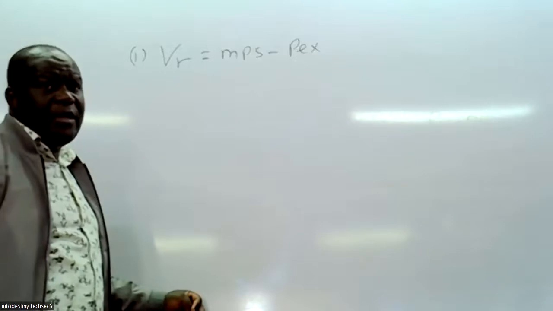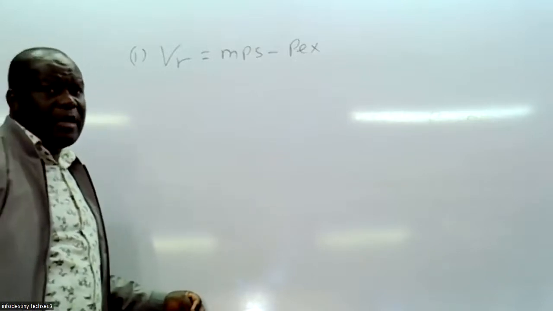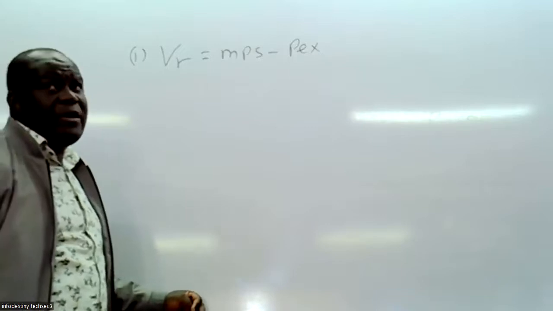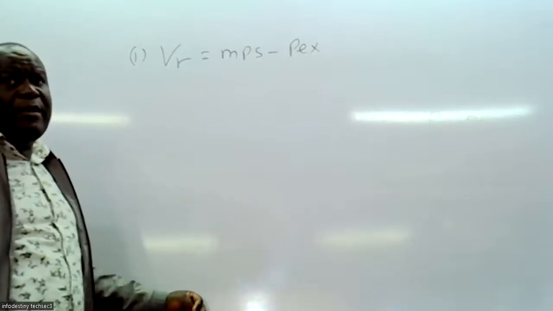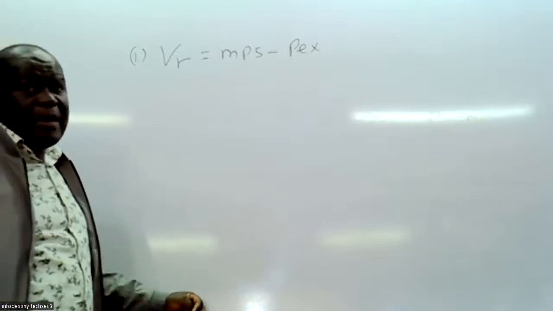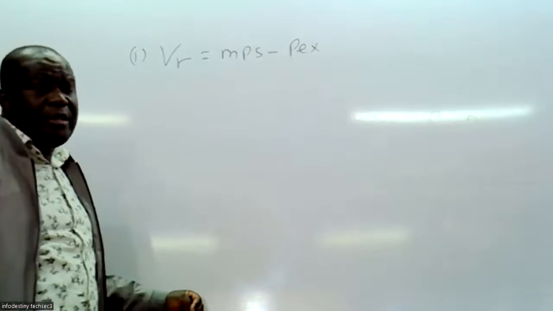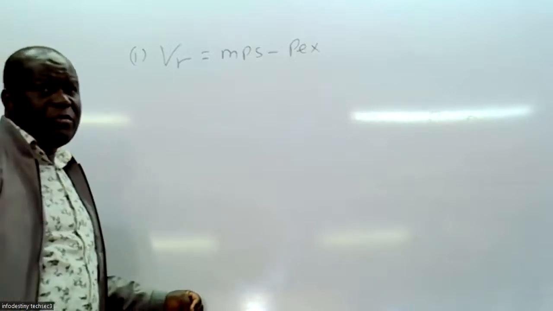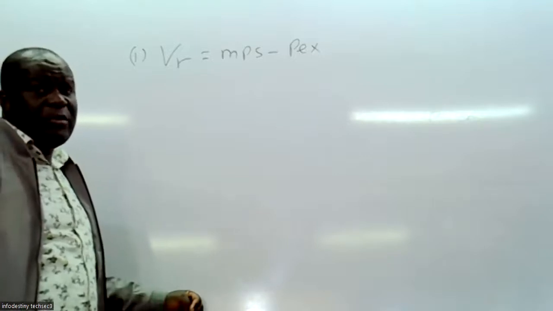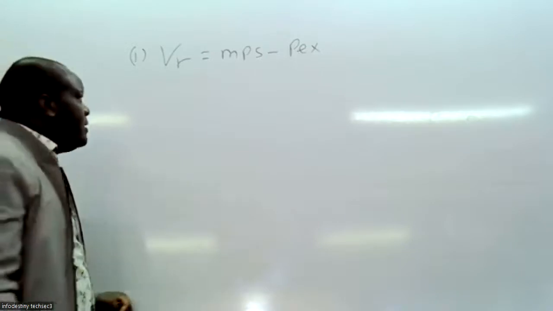You simply take market price per share, then subtract the theoretical ex-right price. Market price per share, we have seen how to compute it. It is normally provided, but I have shown you how to get the theoretical ex-right price.